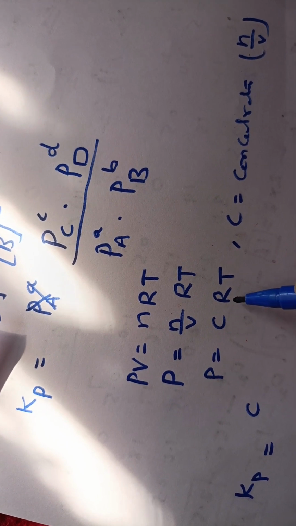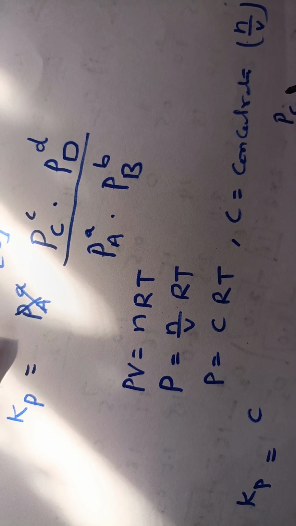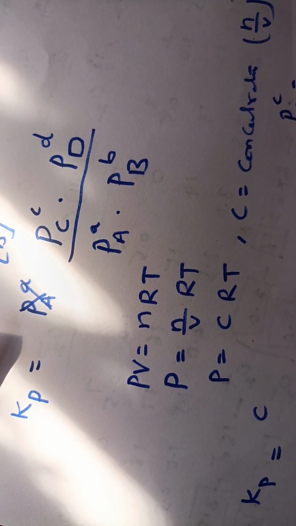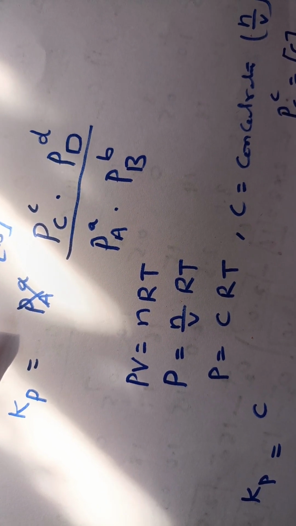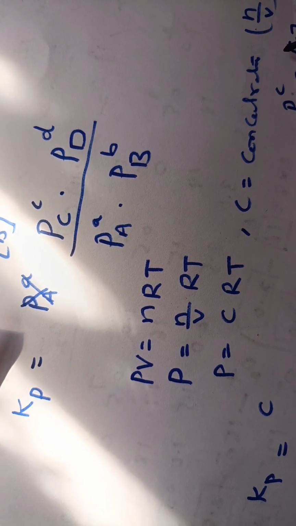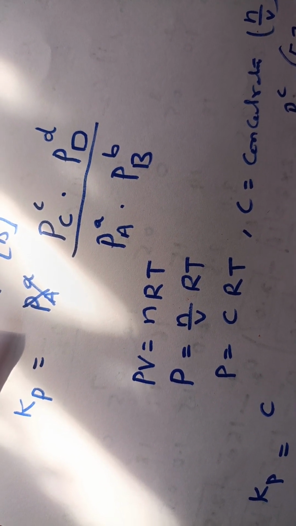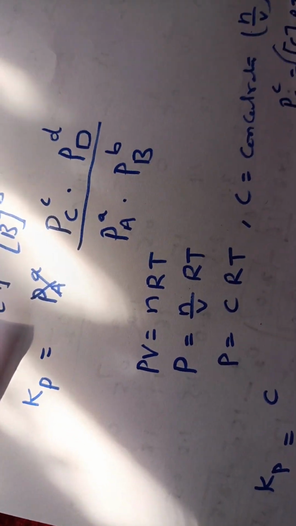P equals CRT, right? Like that we have to write for PC. PC power c equals, what is PC? Concentration of C and RT, whole power c. We have to write it like that.